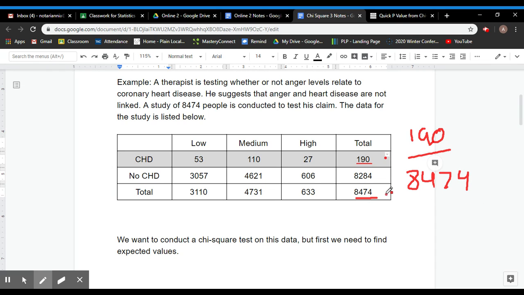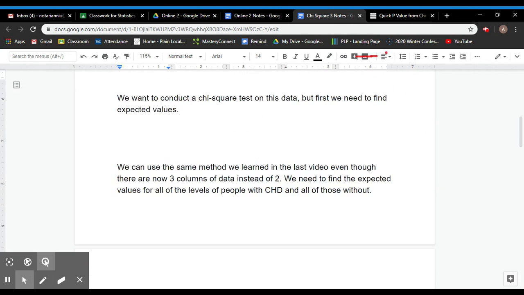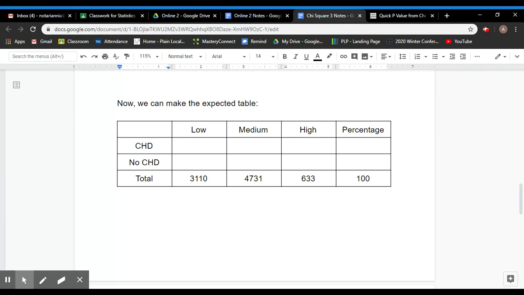That will give me the total proportion of people who have the disease. Okay? So that ends up coming out to 2.2%. So in your expected value table, you would put 2.2% for CHD under the percentage column.